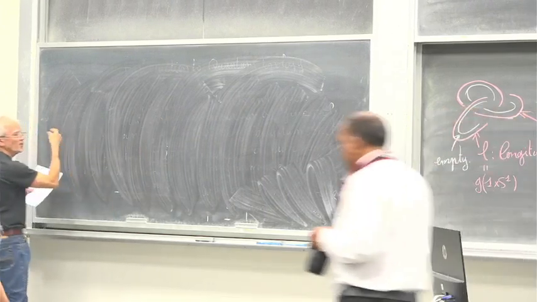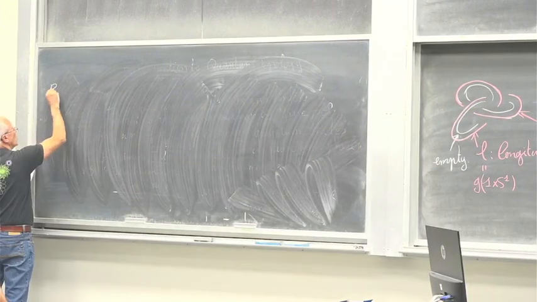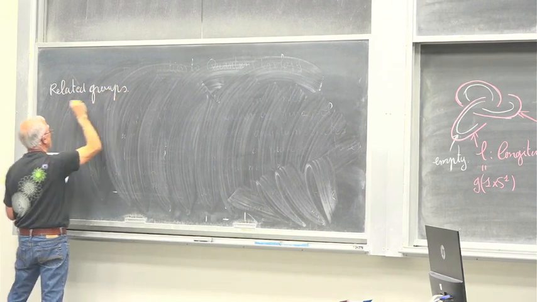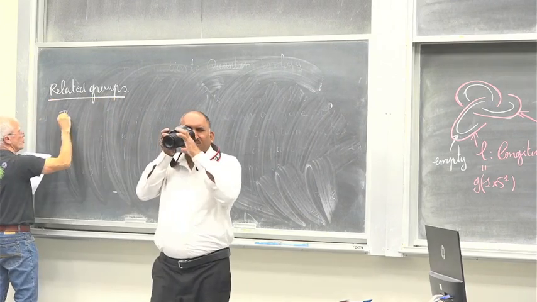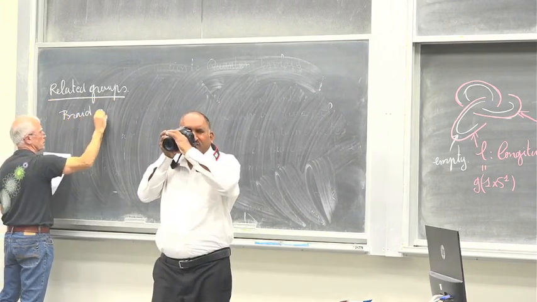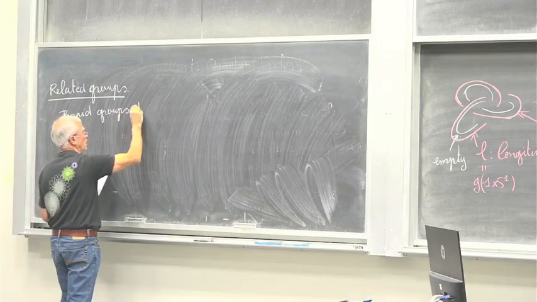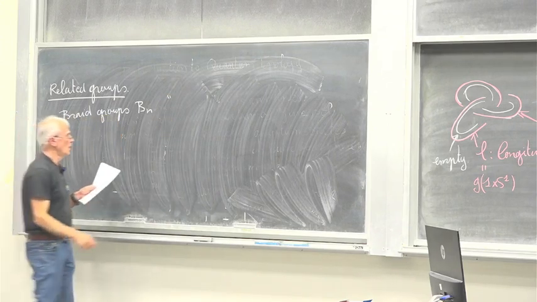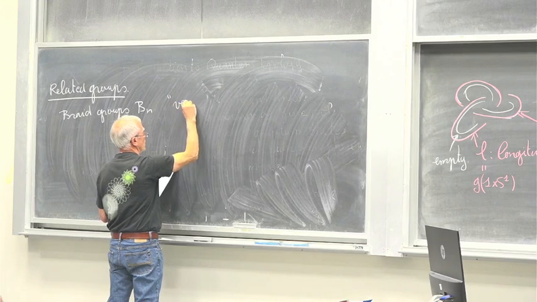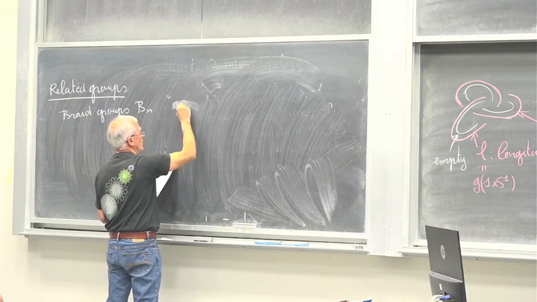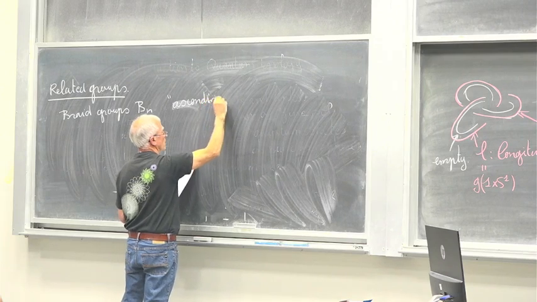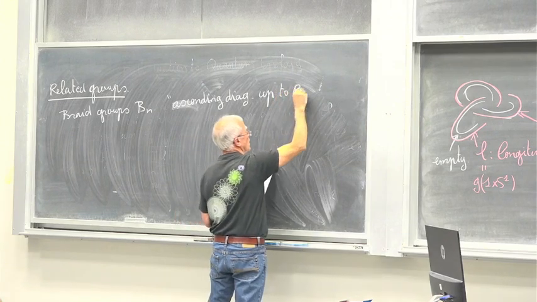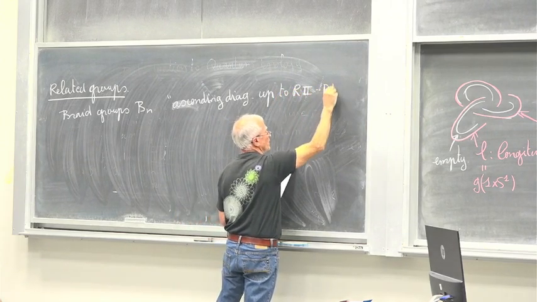So if you want more about this, we can discuss further. But there are related groups, which are braid groups. An easy way to describe braid groups is to take braid diagrams up to R2, R3.